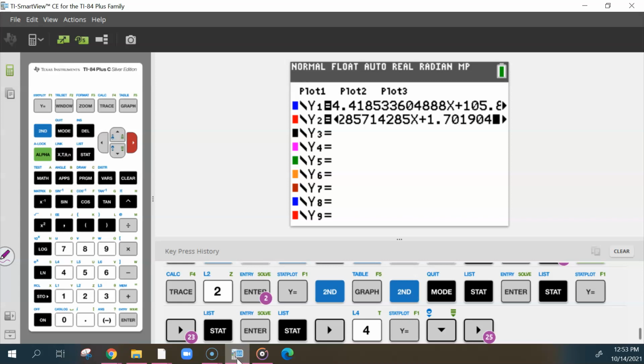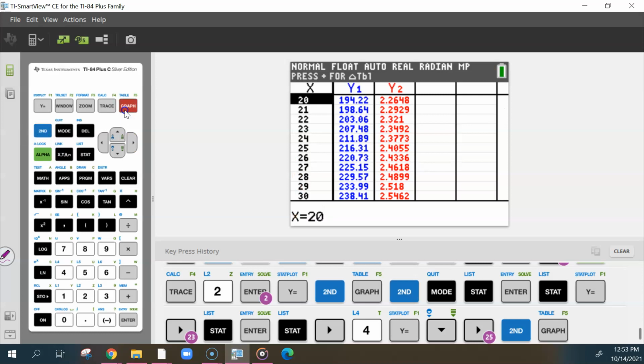So since I stored this in my calculator, I can go into my table. We're just focused on the red one now. And when the table actually popped up, it was up here somewhere.